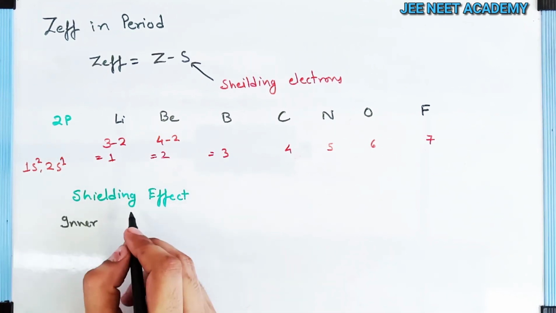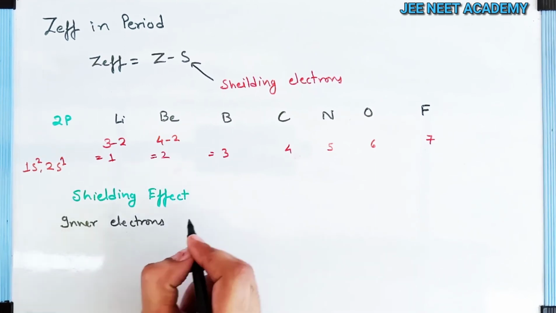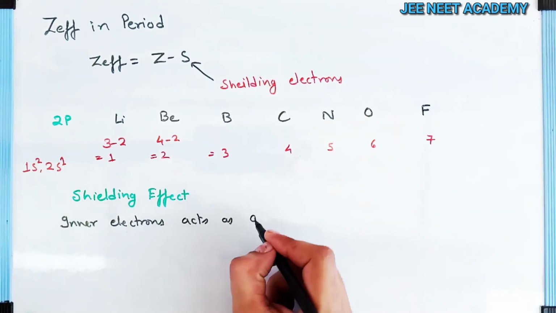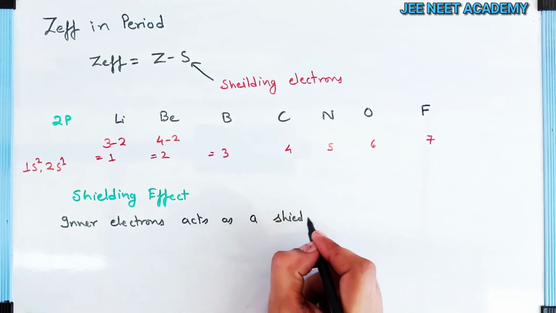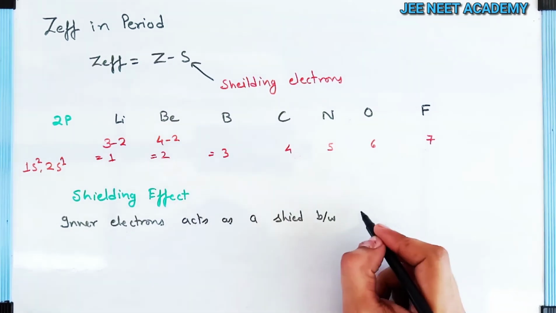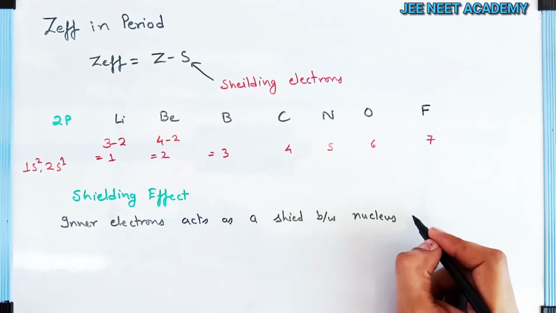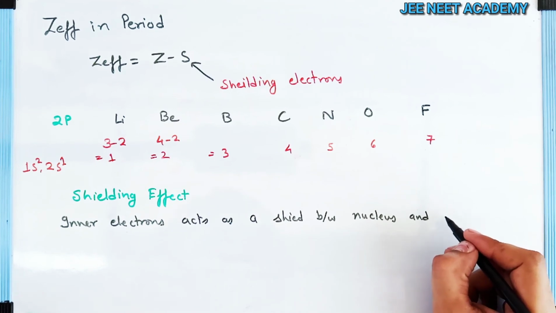Inner electrons act as a shield between the nucleus and the outermost electron.